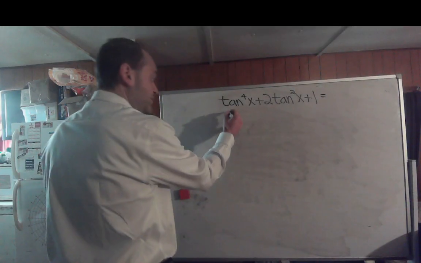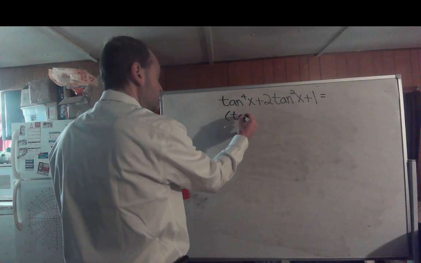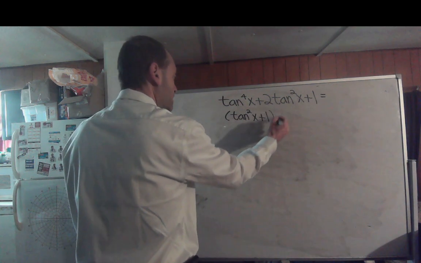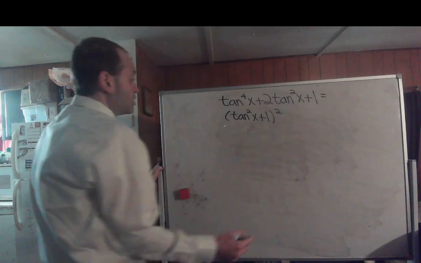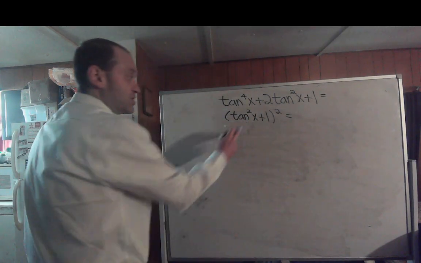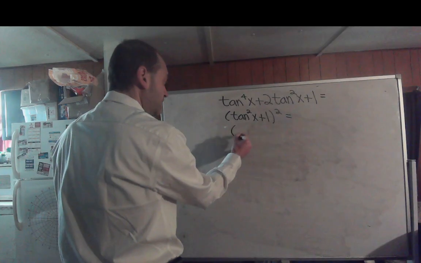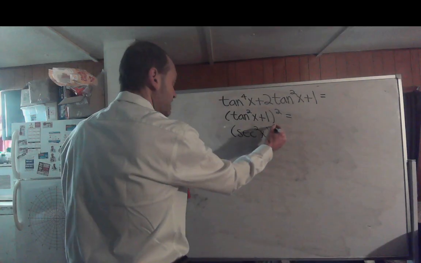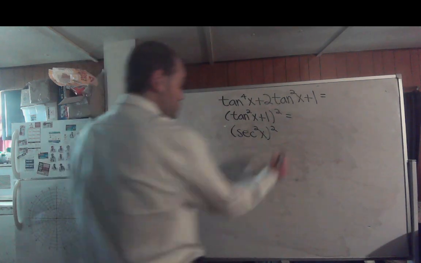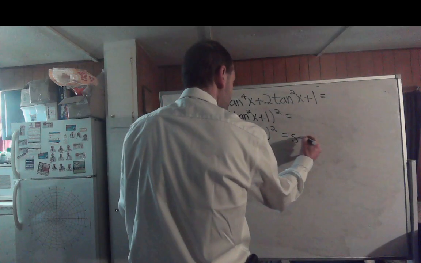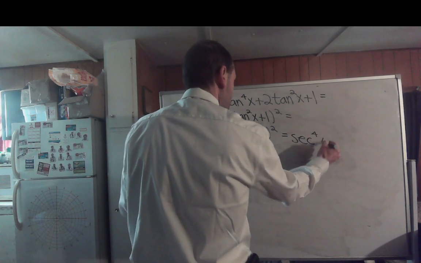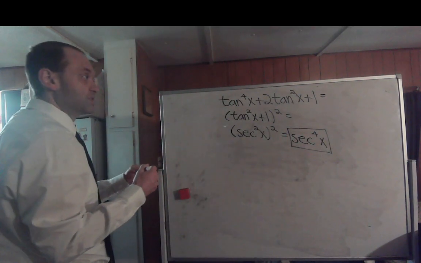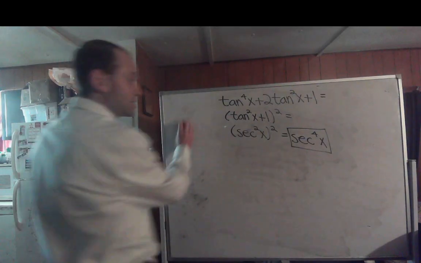This should simplify then into the tangent squared of x plus 1 squared. Which, what's the tangent squared of x plus 1? Well, that ends up being the secant squared of x to the second power, which should just end up giving you the secant to the fourth of x. So this should simplify rather nicely into the secant to the fourth of x.